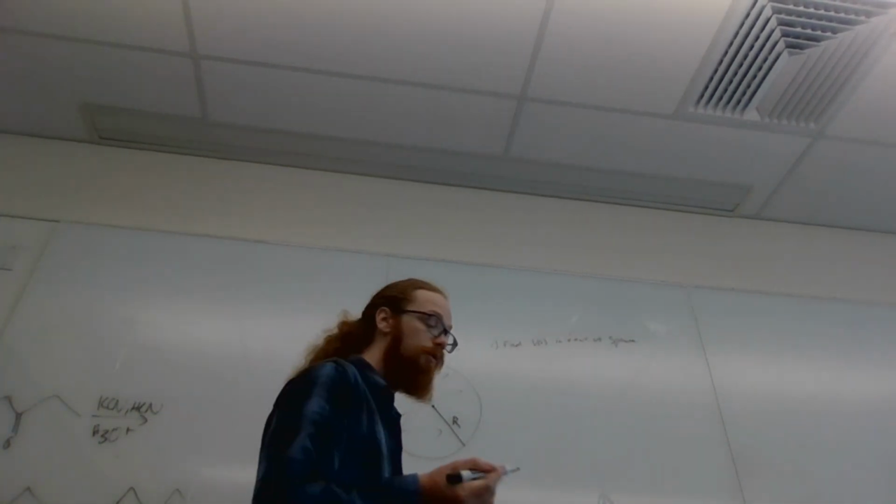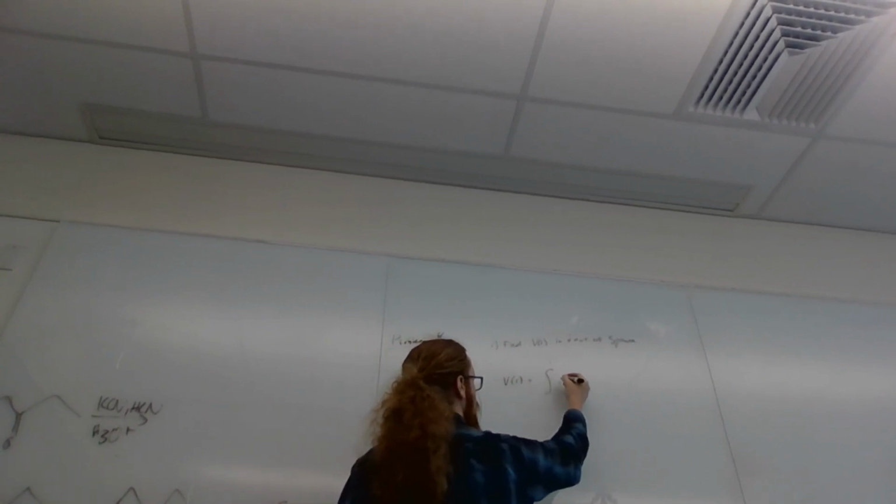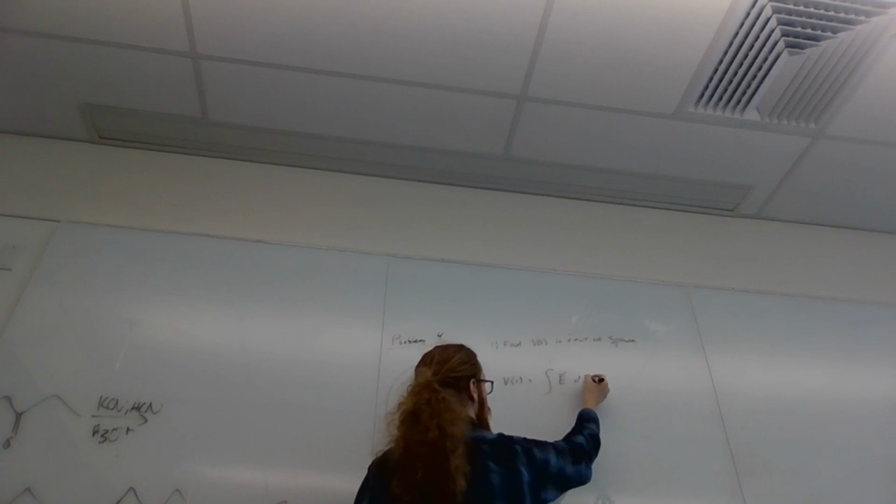So we've only got really one equation to work with here to find V of r, which is going to be minus the integral of E dot dl from A to B. That's, I believe, exactly what's on your equation sheet.